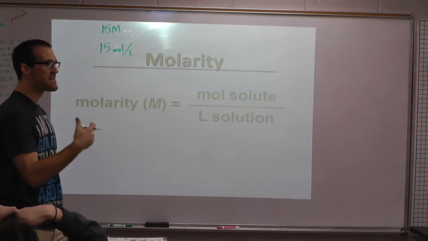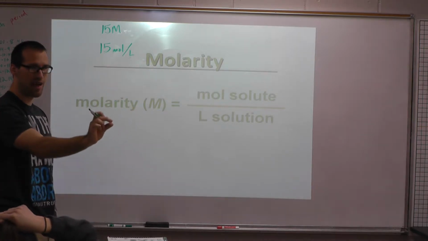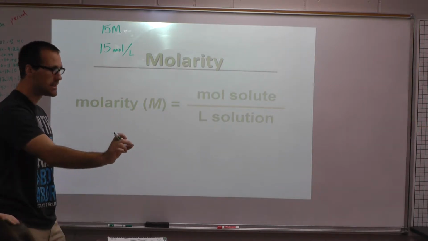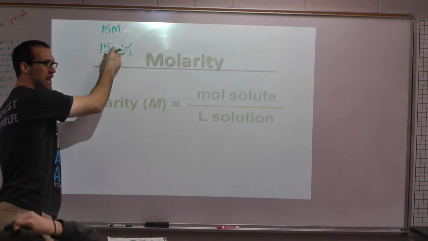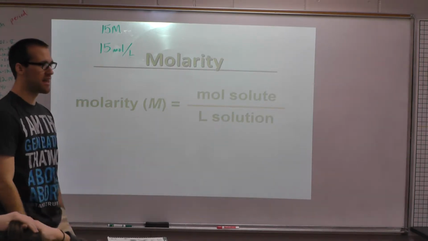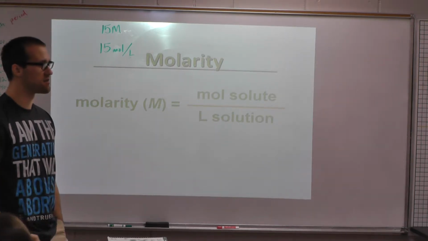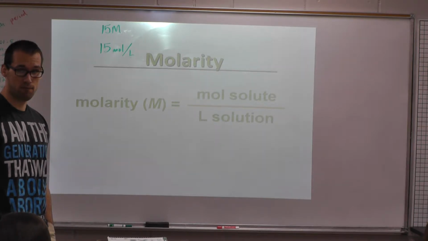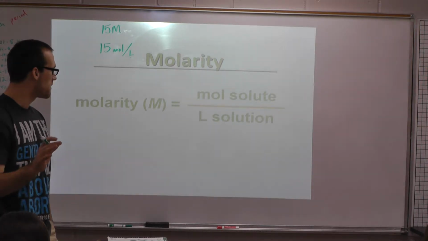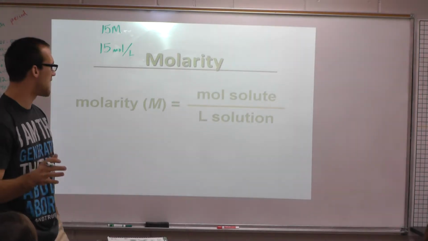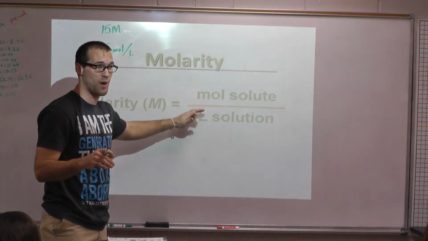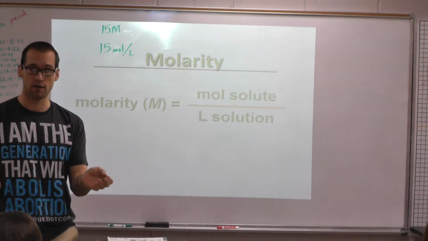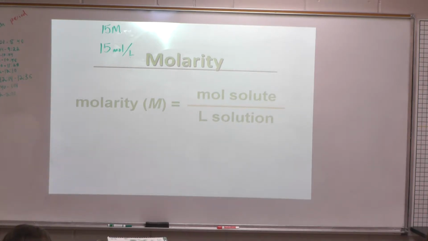So, when I take an answer and say 15 M, what that means is I have 15 moles dissolved in so many liters of solution. Got it? Now, if I want to solve for this, I would have to take the moles and divide it by the liters to get per liter. And we'll get to that as we progress.